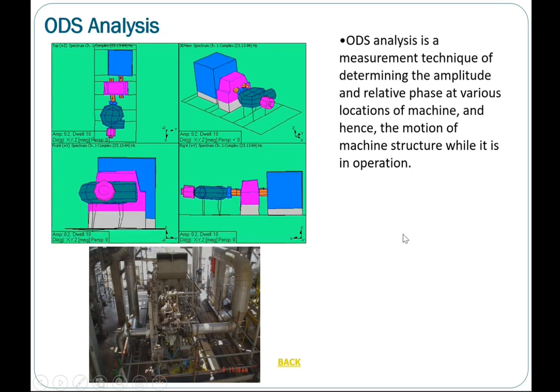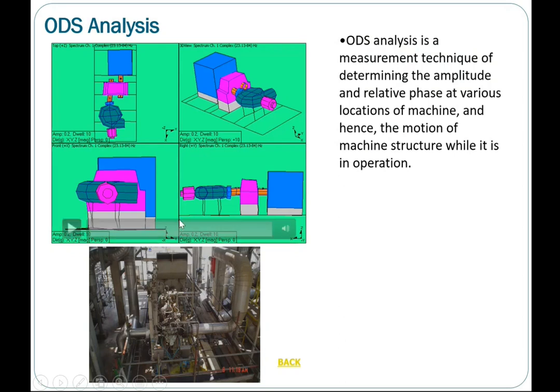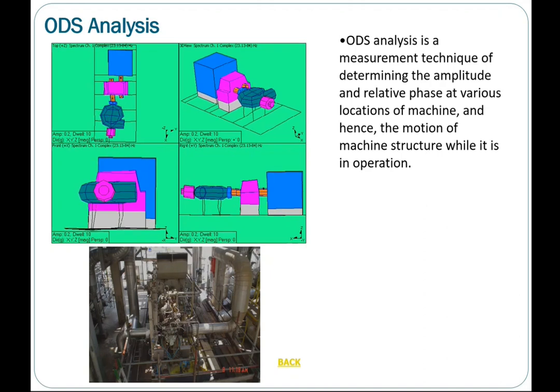The whole idea of ODS is this: you see, this thing is running at probably 70 hertz. It's a very high frequency that our eyes definitely cannot see. The vibration amplitude is probably in microns, micrometers, so small that our eyes definitely cannot see it either.